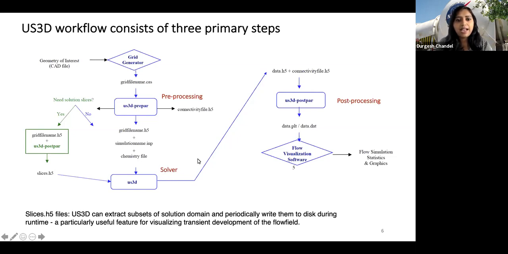Finally, when we have solved the simulation to a converged numerical solution, it generates a data.h5 file and a connectivity file, which is supplied to the US3D post-processor subroutine, which converts it to Tecplot data, and then you can visualize the flow. So it's a very simple process. And the installation comes with a user manual and quick start guide, so it's very easy to follow these processes.